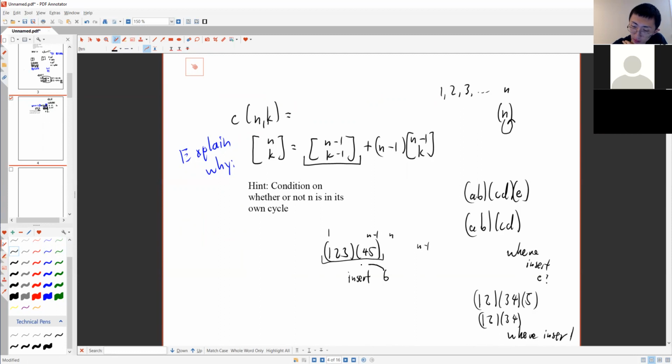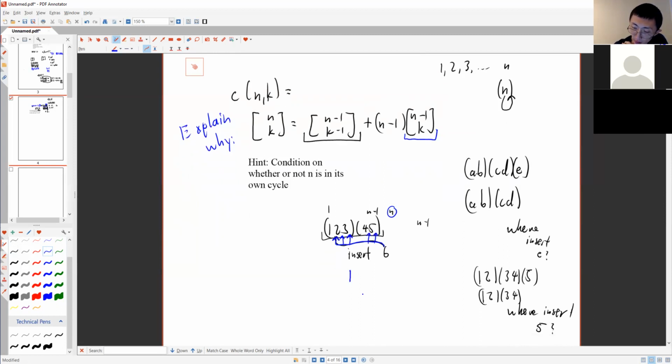So I can insert it here. So there are Stirling of n-1, k ways to permute the n-1 numbers from 1 to n-1, and then n can be inserted to the right of 1, to the right of 2, to the right of 3, to the right of 4, and to the right of 5, right?